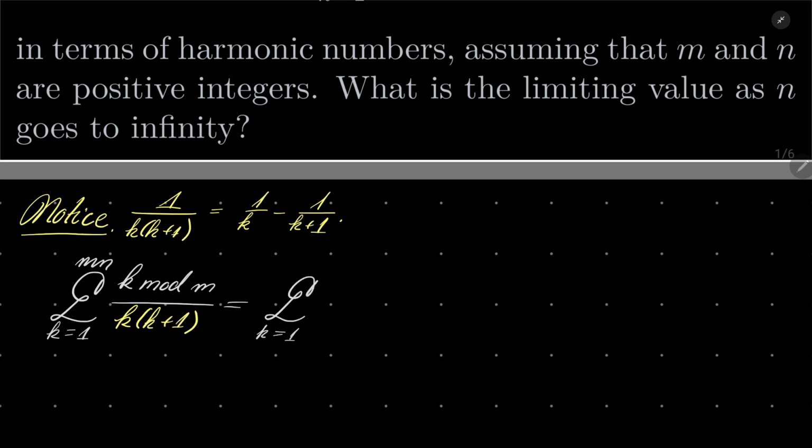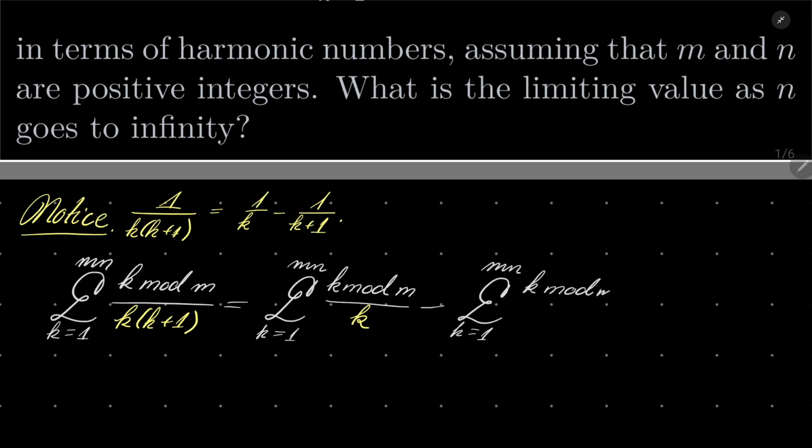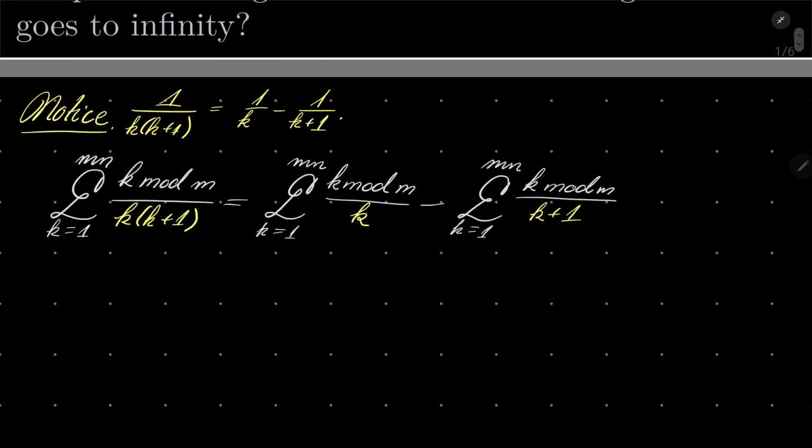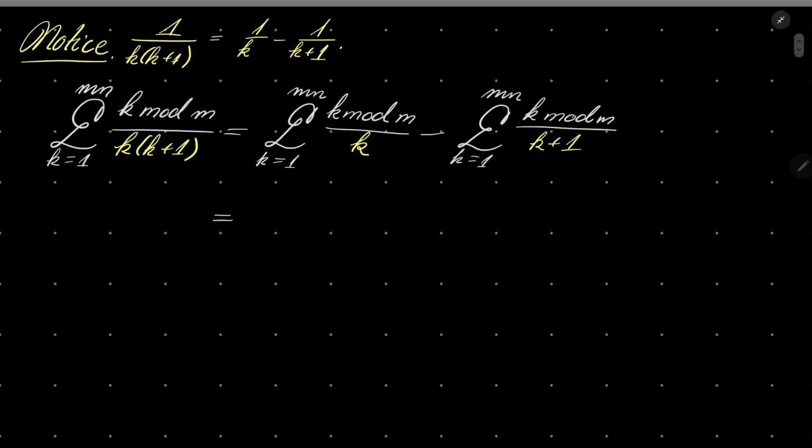First is the sum from 1 to mn of k modulo m over k, minus the second one, the sum from k equals 1 to m times n of k modulo m over k plus 1 this time.